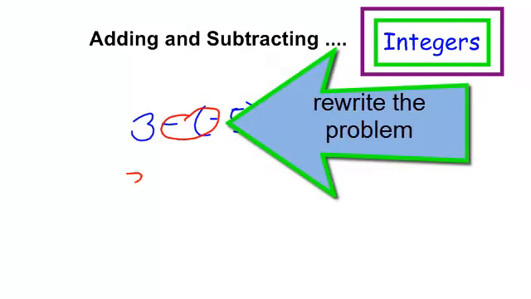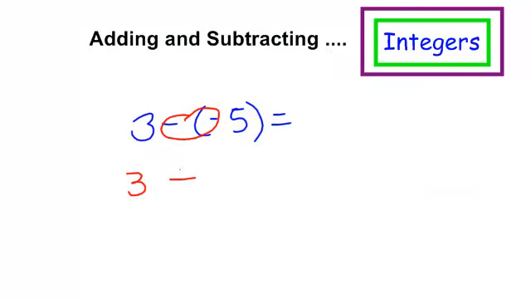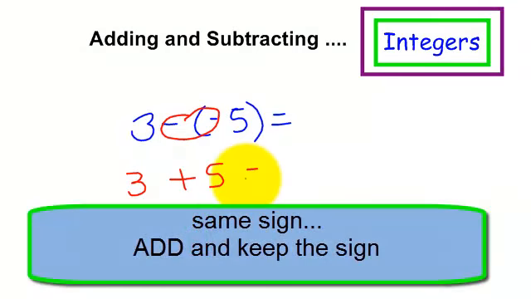That problem is actually 3 plus 5, because a minus a negative is a positive. And now I use my rules. Look in front of the 3, it's a positive. Look in front of the 5, it's a positive. Well, if I have positives and more positives, I'm going to add them up and get even more positives. Your answer is a positive 8.